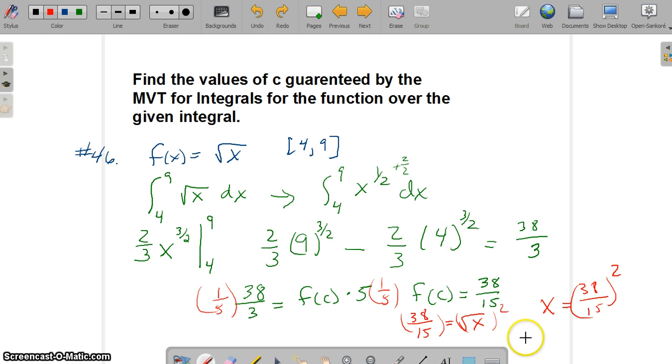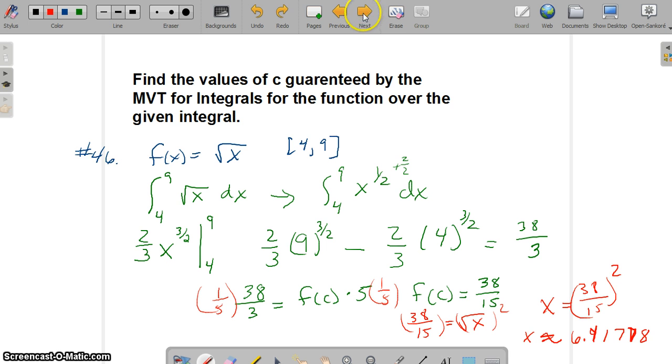X is approximately equal to 6.41778. My computer is starting to lag a little bit. Okay. So that's how you can do some of the problems in your book.